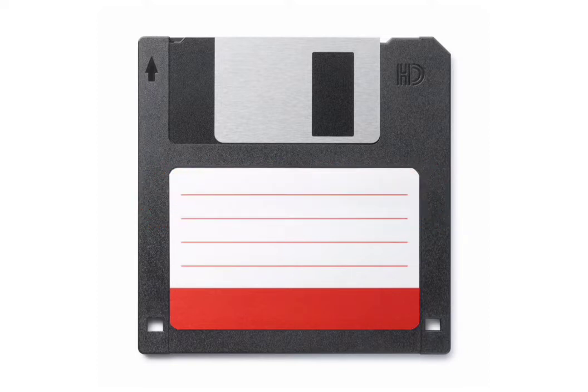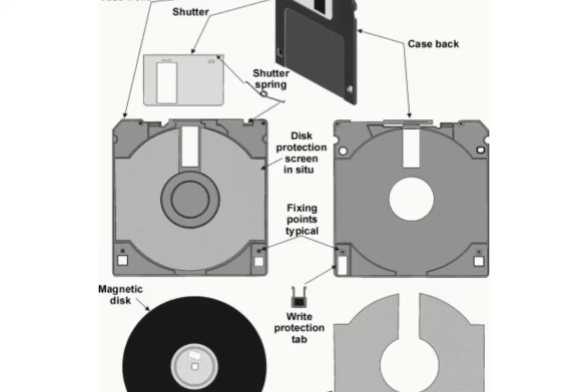Floppy disks are read and written by a floppy disk drive. This type of storage medium is used for transferring small files like Word documents, image files, etc. from one system to the other. This storage medium is also used for providing the backup to the file storage system.